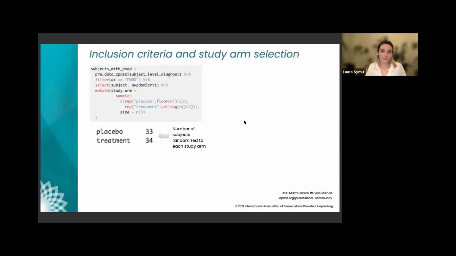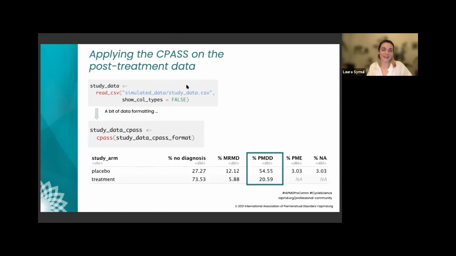So if we now move to the next phase of our little fake study and look at how many patients, we had about 70 something patients that met criteria for PMDD at the pre-enrollment phase. And so we'll just randomly split them between the placebo group and the treatment group. And again, we'll simulate data and then we'll load this simulated data.